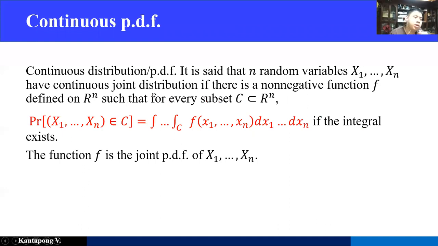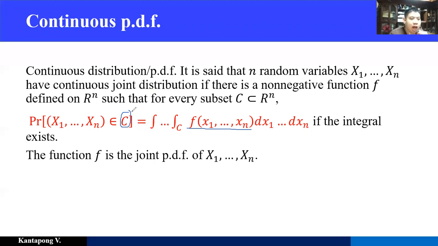Next, the continuous PDF. What does continuous mean? That means we have the f here, where we have to find C, but C is now not a subset of the real numbers. Let's recall the first lesson, where we talked about a subset of real numbers, and the last few lessons, where we talked about a subset of R2.